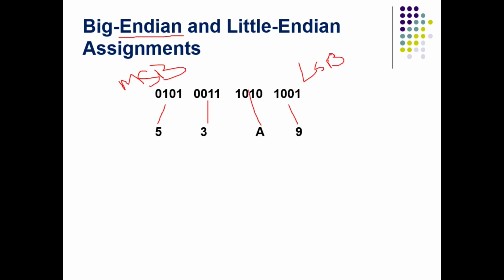That's a very primitive concept, bit. Now we talk about bytes. Here this is 1 byte, and here there are 2 bytes. Of course there are only 2 bytes. So the rightmost byte is the least significant byte, and the leftmost byte is the most significant byte. Very easy to find out.